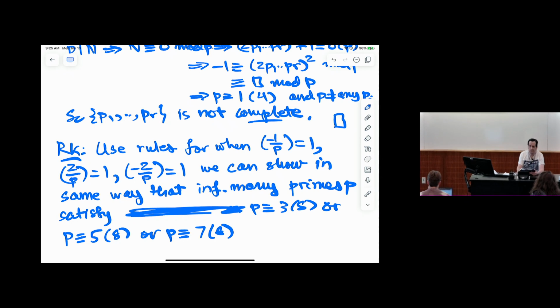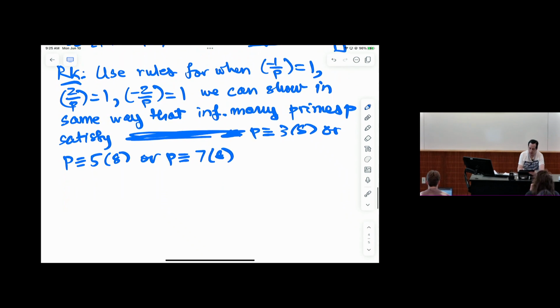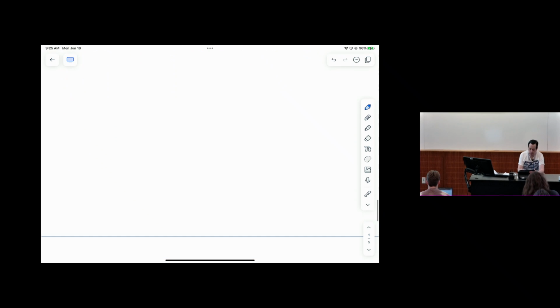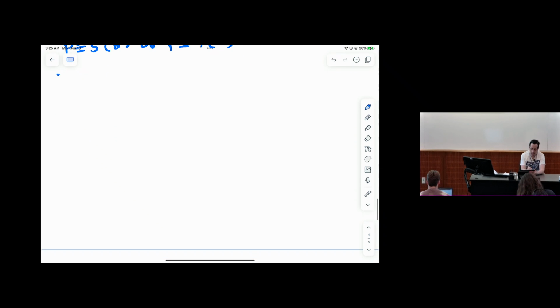No? OK. So let's switch to another topic where square patterns can tell us something. We'll look at some Diophantine equations. So let's consider what's called Mordell's equation.